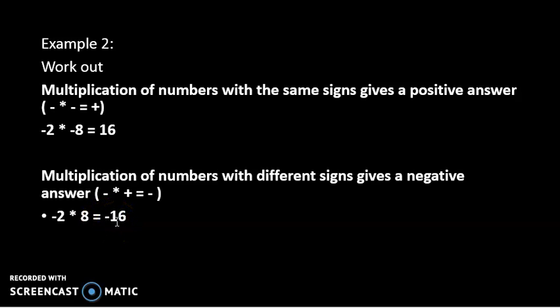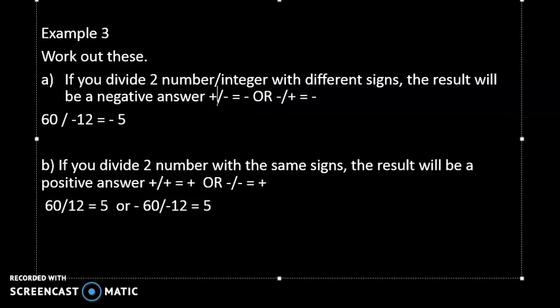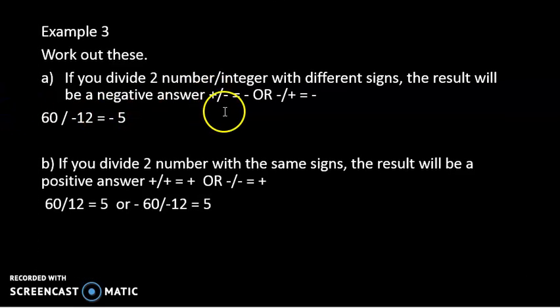Okay, let's try the last one, division. If we divide two numbers or integers with different signs, the result will be a negative answer. What do I mean? If one of the numbers is positive and the other one is negative, the result will be a negative, as you can see here.